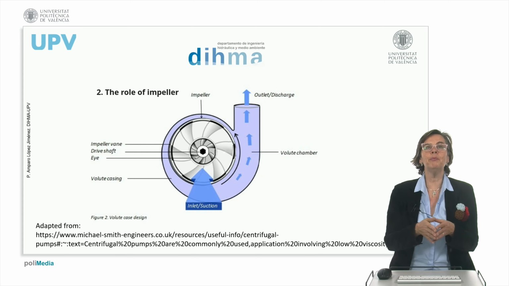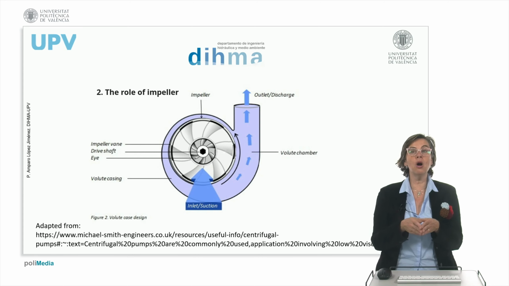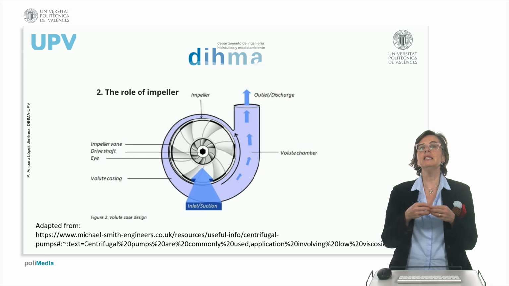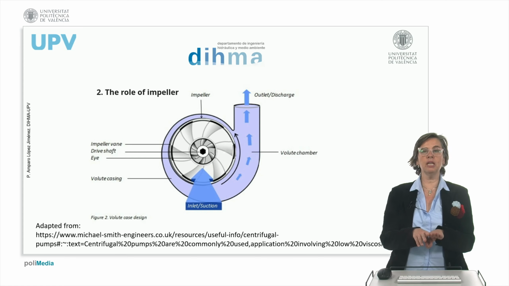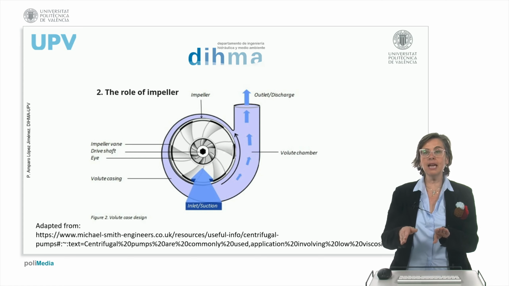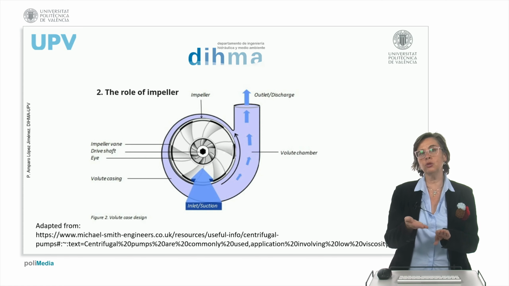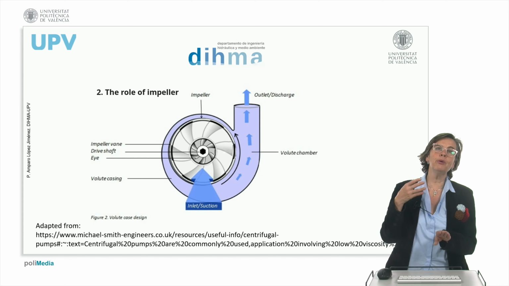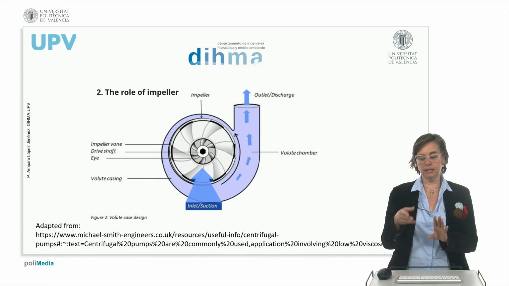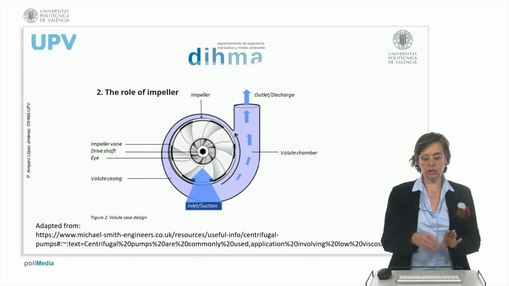The impeller plays a very important role because it is the moving part of the machine and it gives the energy to move the flow and produce the related head which the machine is going to create.